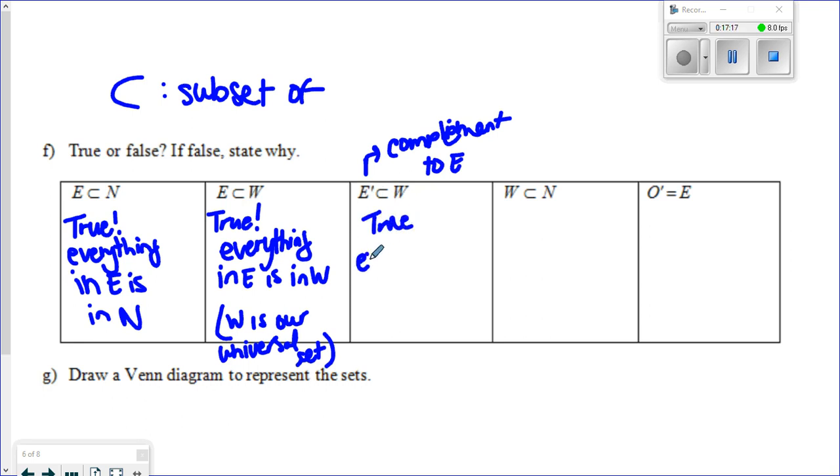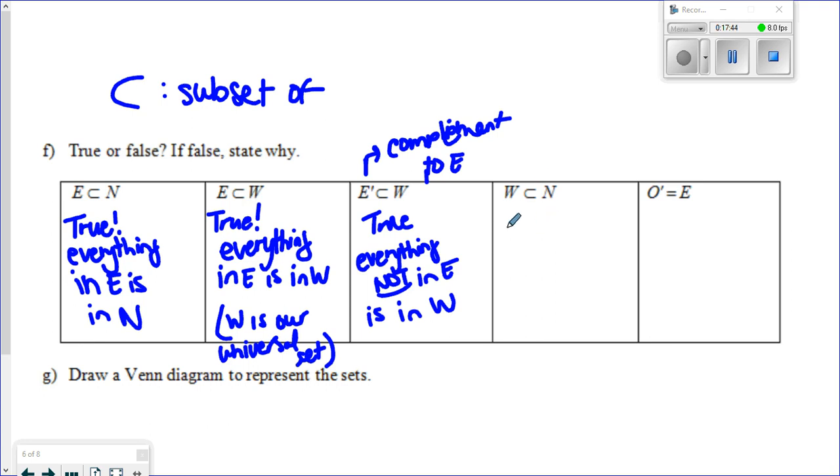Everything not in E is in W. So E was 2, 4, 6, 8, 10, and everything that's not in E is 1, 3, 5, 7, 9, but also 0. That's all within W. So absolutely.